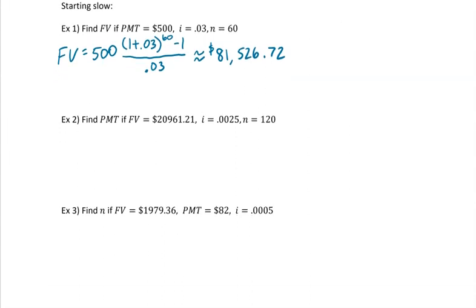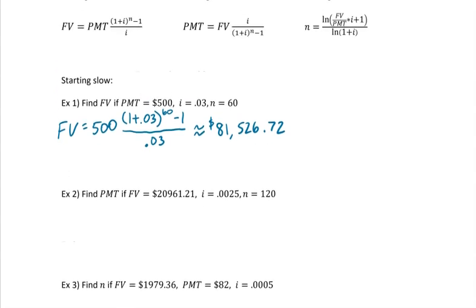Find PMT if FV equals $20,961.21, I is 0.0025, and N is 120. Okay, so for this one, we're solving for PMT. So that means we're going to use this second equation.